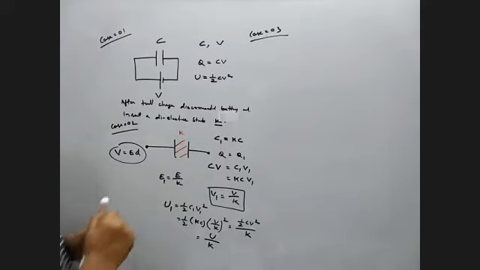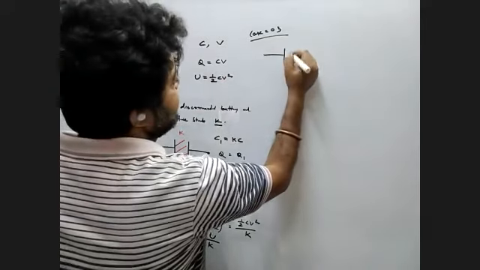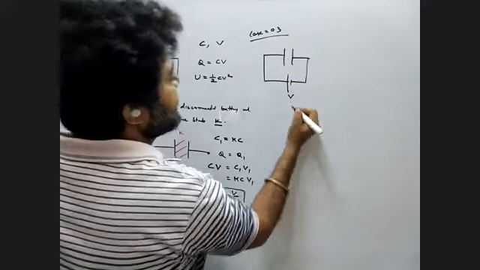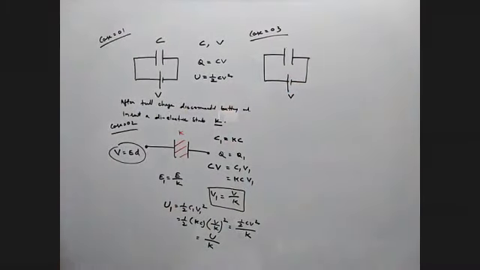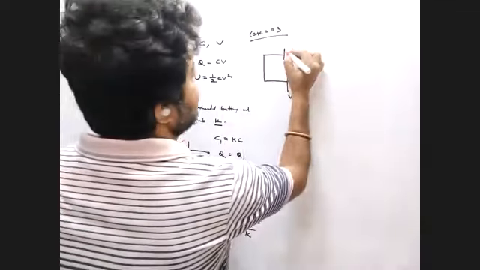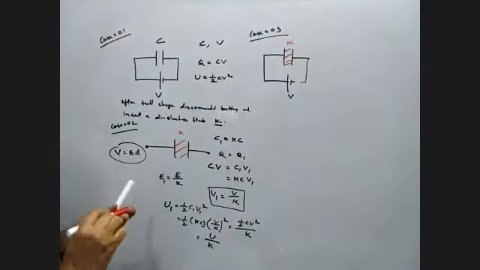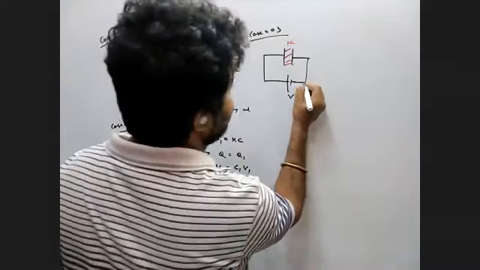So if we do not remove the battery and we insert a dielectric slab, it remains connected with the voltage V. So what happens then? Many changes happen.